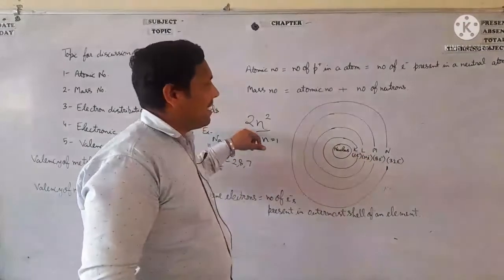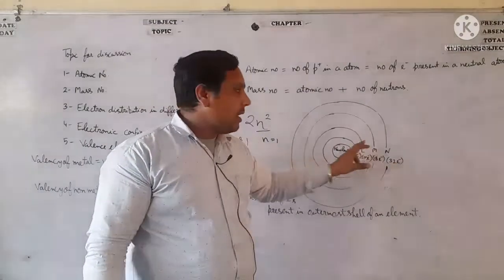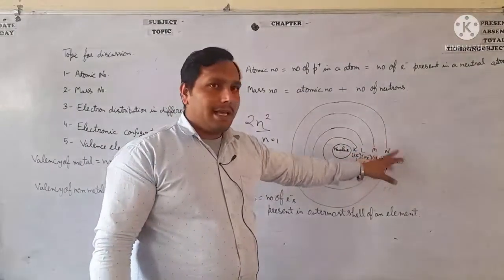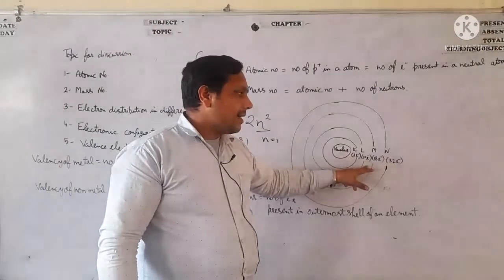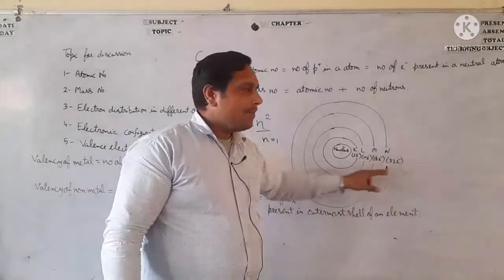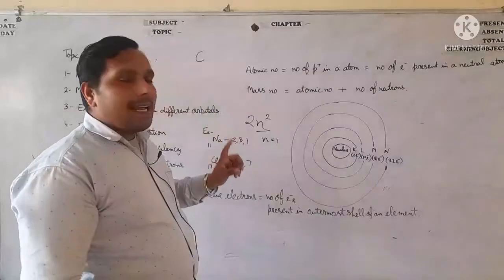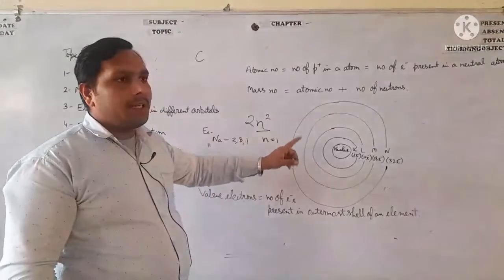By this formula you can calculate how many electrons are present in different orbitals K, L, M, N. The first orbital contains 2 electrons, second 8 electrons, third 18 electrons and fourth 32 electrons. These are K, L, M, N shells, and this is the electron distribution in different orbitals.